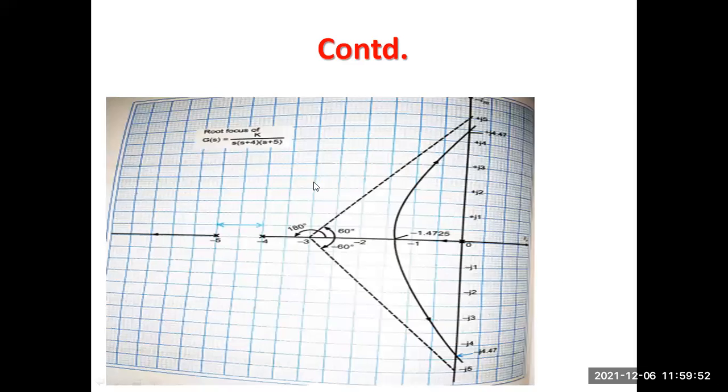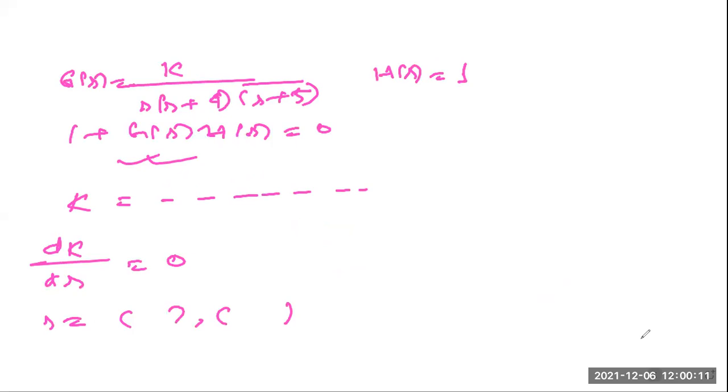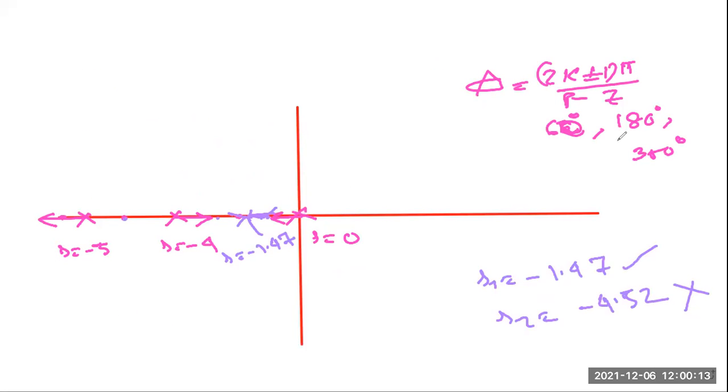Okay. So now you have to draw the root locus. How will we draw this root locus? Let me first describe it, then we'll understand. We have seen the centroid value.